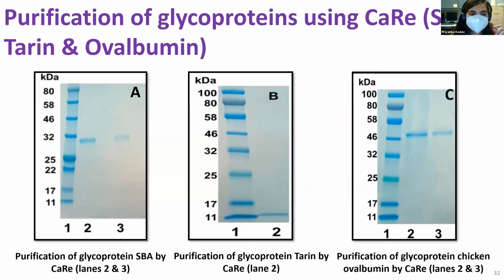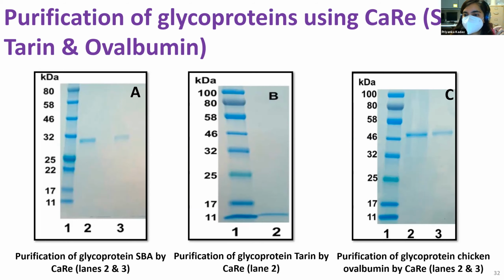Next. Along with that, we also purified different glycoproteins using CARE. In the first gel image on the left, this is SBA, the soybean agglutinin, which is a kind of plant lectin, which we were successful in purifying using the CARE technique. In the second one, that's another glycoprotein, tarin. Tarin is a kind of anti-cancer protein, and we were also successful in purifying that particular glycoprotein using CARE.